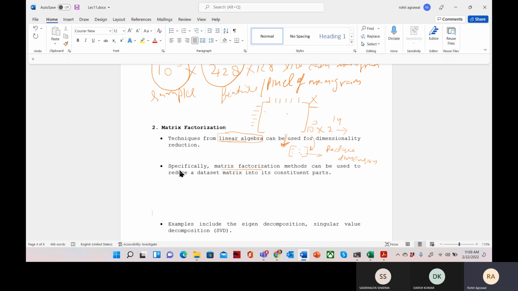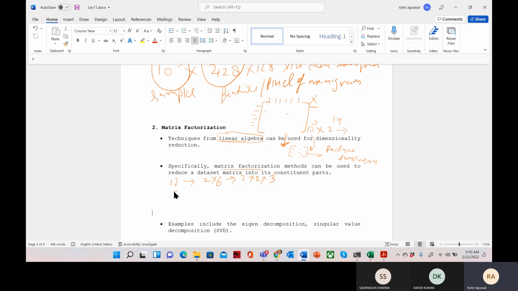Matrix factorization. Also, do not think only about the matrix. Suppose you have a number 12. We can write this as 2 into 6. Yes or no? We can write this as 2 into 2 into 3.